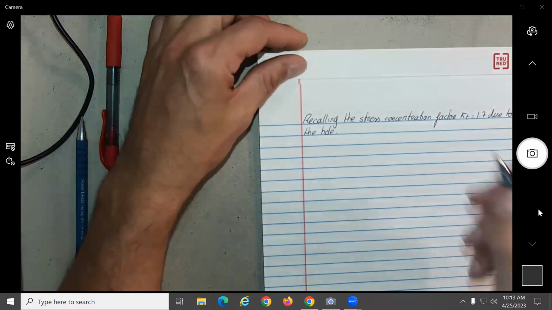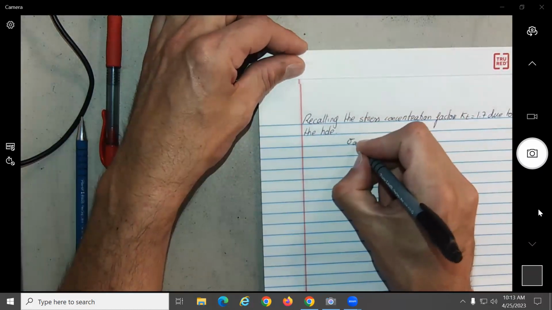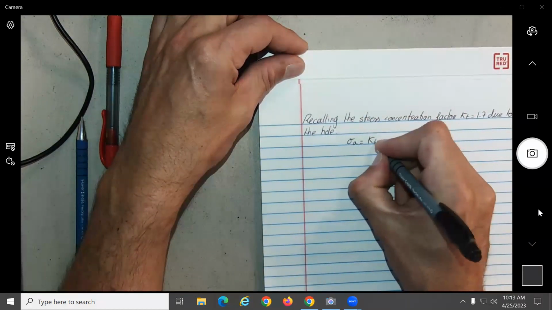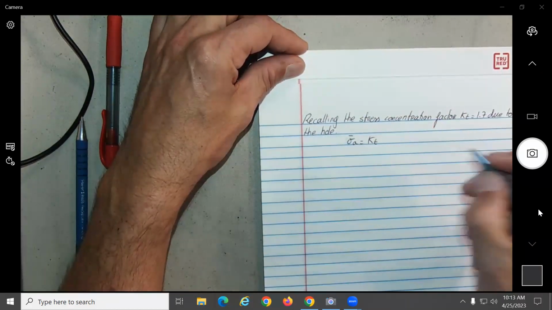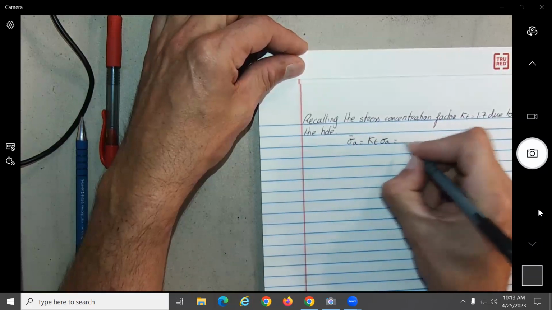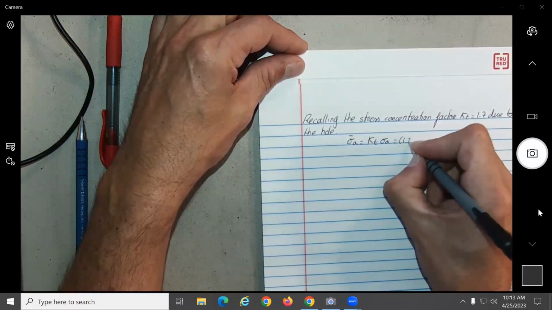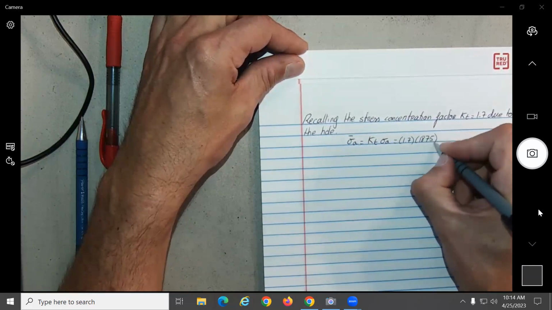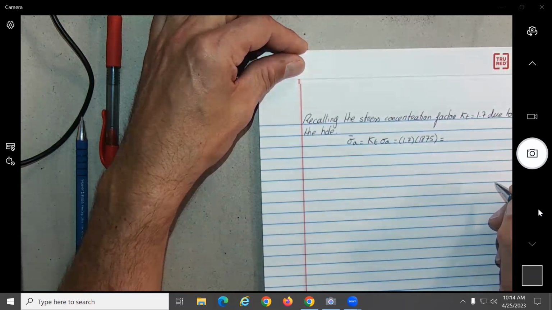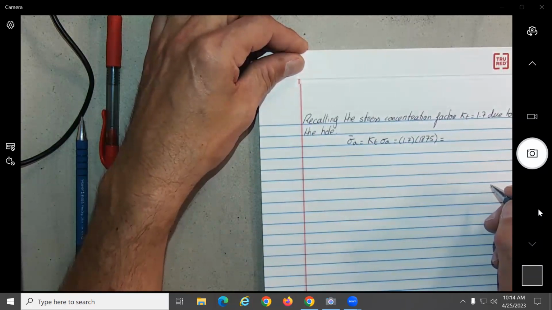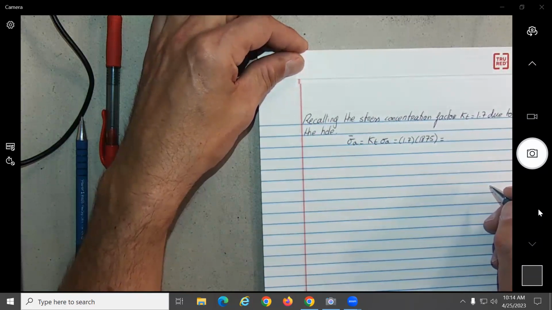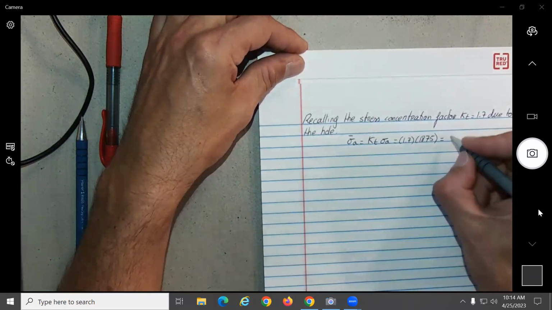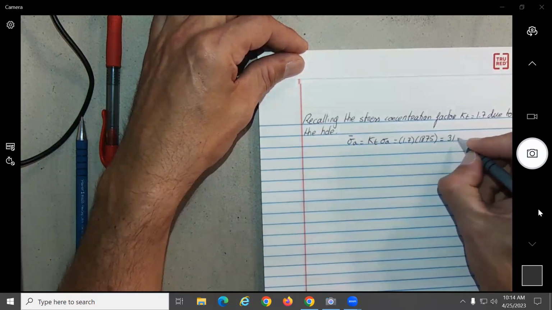So the alternating would become the new sigma bar alternating, which will be 1.7 times 1875. That would be how much? 3187.5.